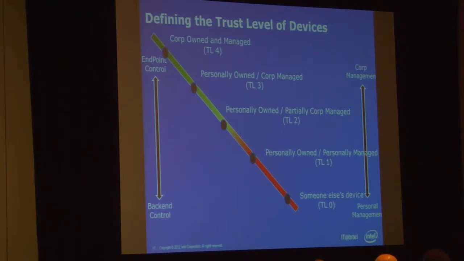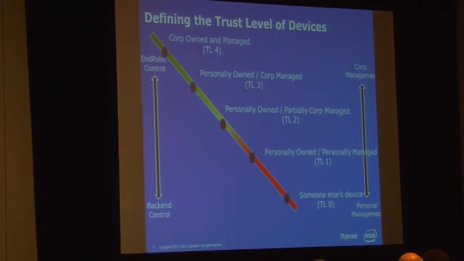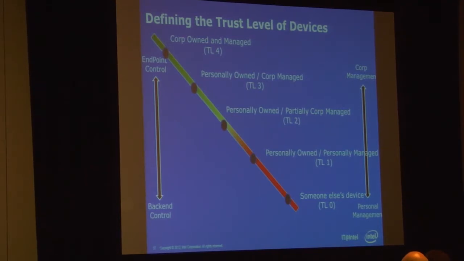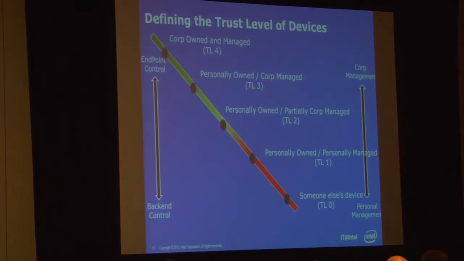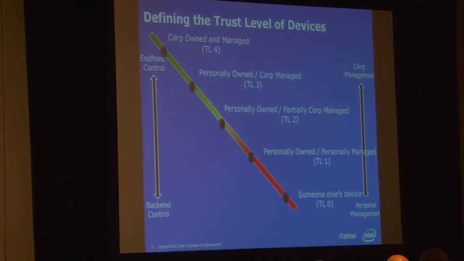Trust level 0, this is somebody else's device, right? You might be in an internet cafe where you're worried about screen scrapers and keyloggers, and you don't want that device to be able to access any of your stuff. So that is trust level 0, right? And then you go up through here, and as you go up the stack to trust level 4, you have less personal management, personal ownership, and you move to more corporate owned and corporate managed.